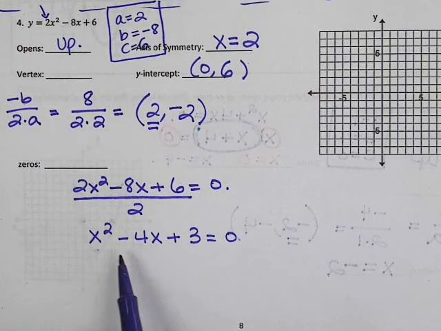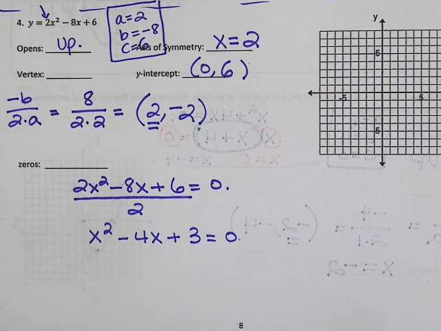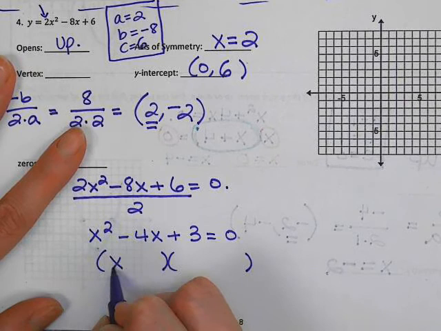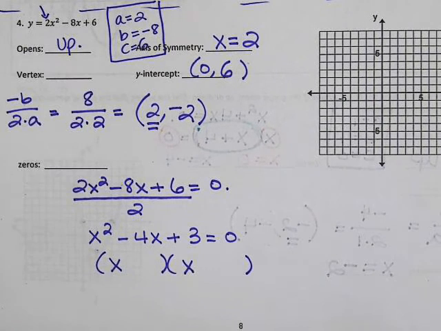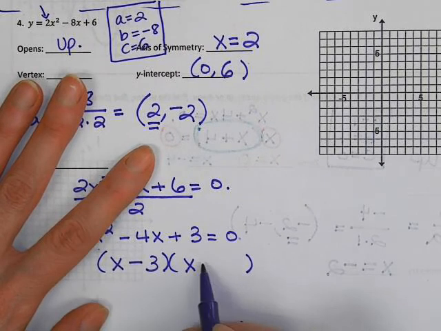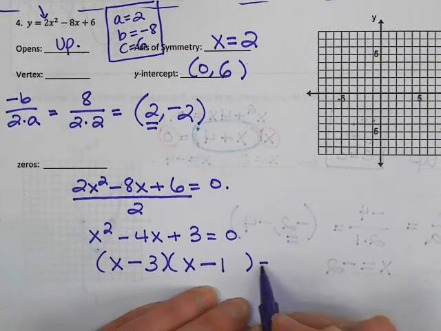And now I think this one's going to be easy to factor. So to get x squared, you guys know the drill. It's x and x. We need two numbers that multiply to 3, but then add to negative 4. So it's got to be negative 3 and negative 1, right?